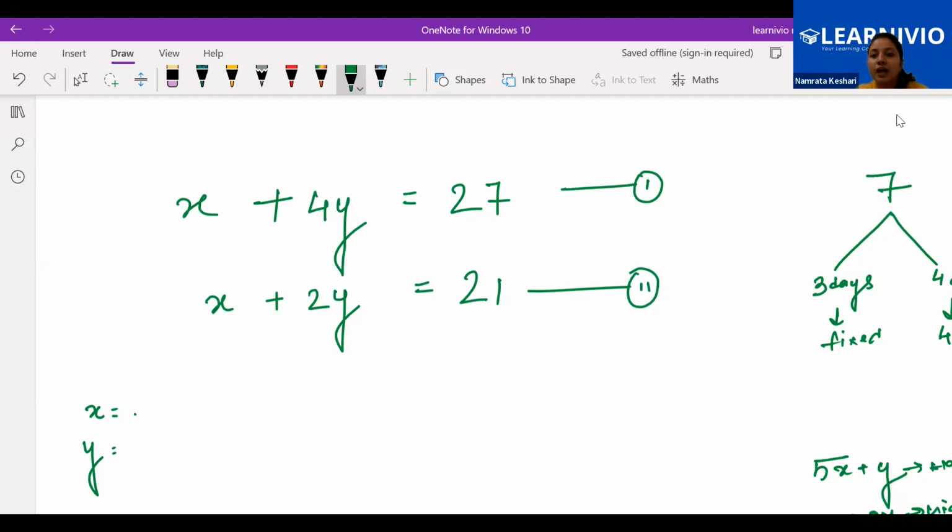I just want to see the steps. What are the steps you are following for solving this equation?